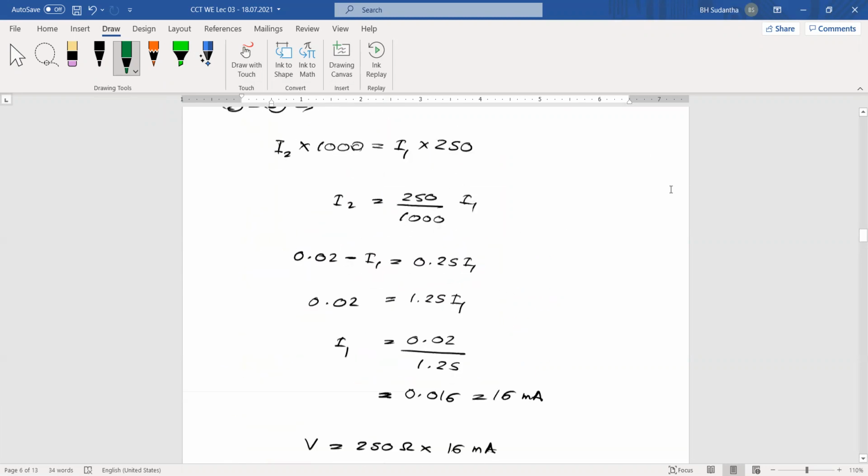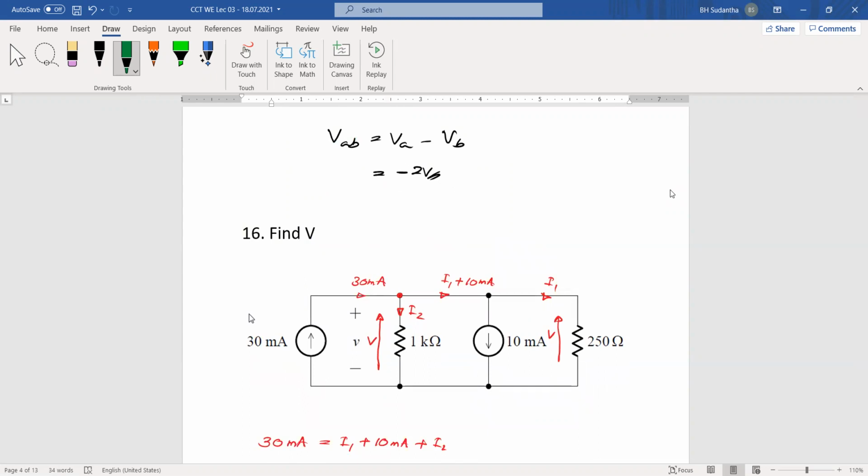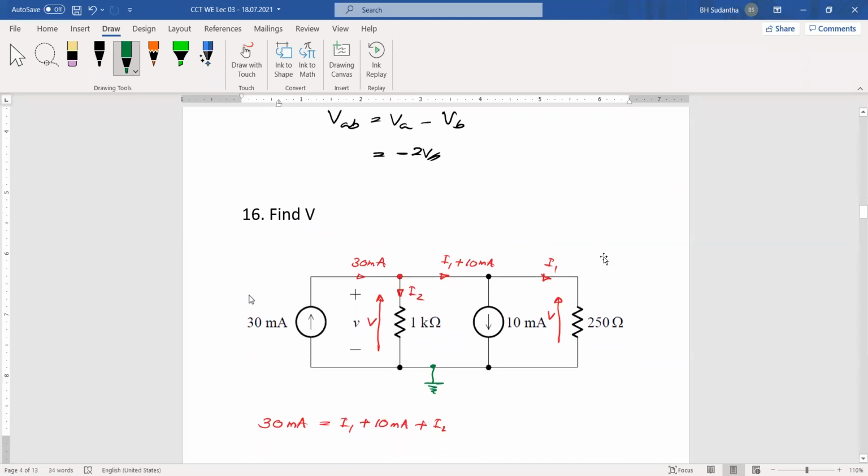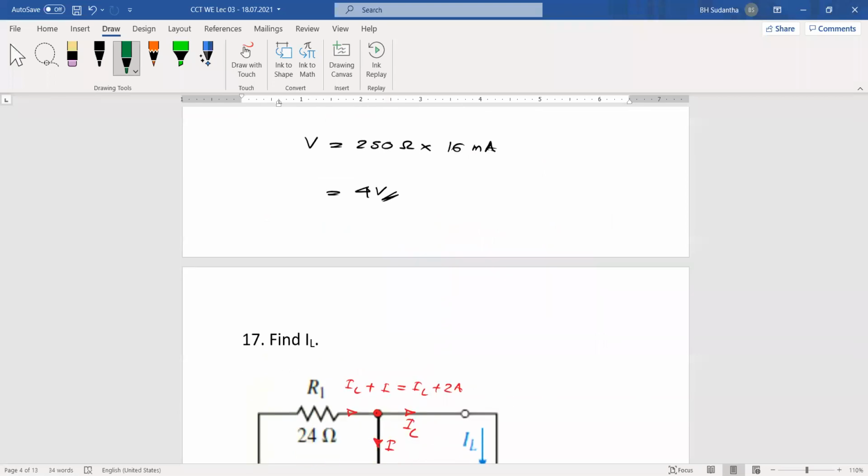Any previous circuit, this one also. If you have such a circuit, most of the time, the negative side of the battery you can take as 0 volts, the earth terminal.